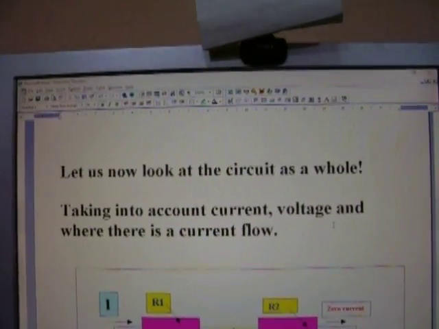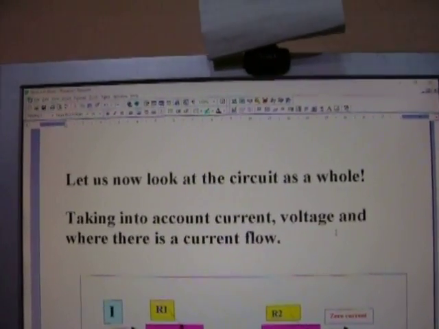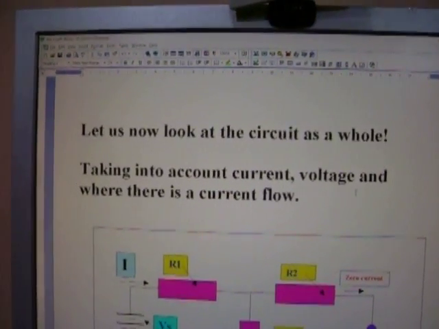Let us now look at the circuit as a whole, taking into account current, voltage, and where there is a current flow.